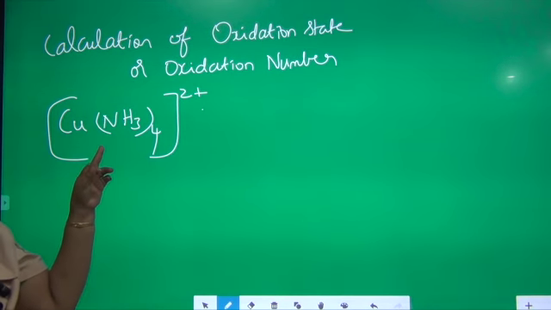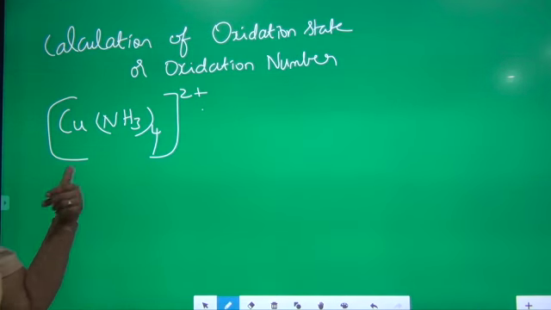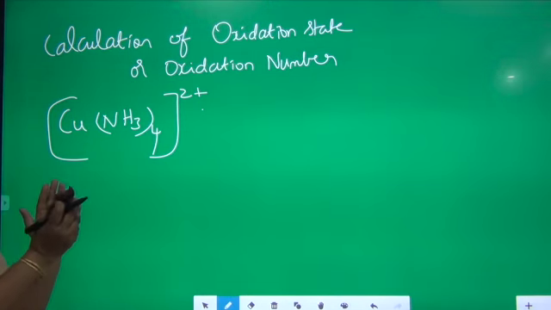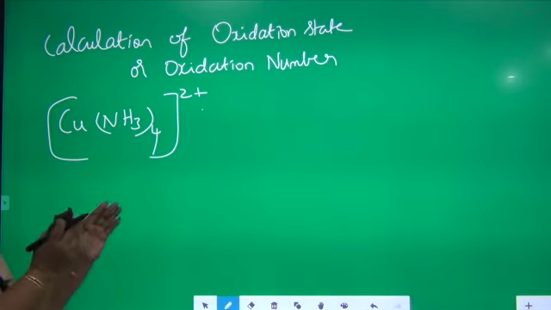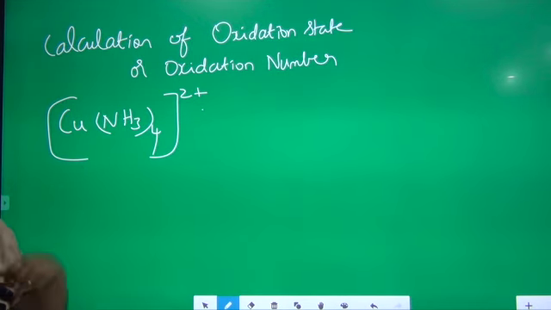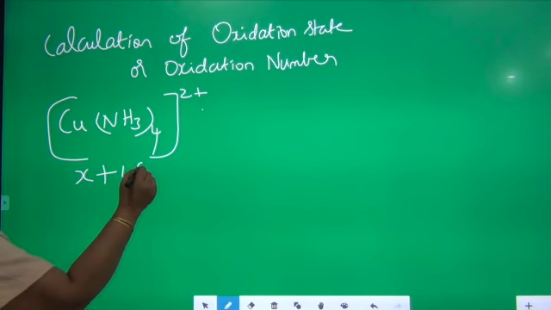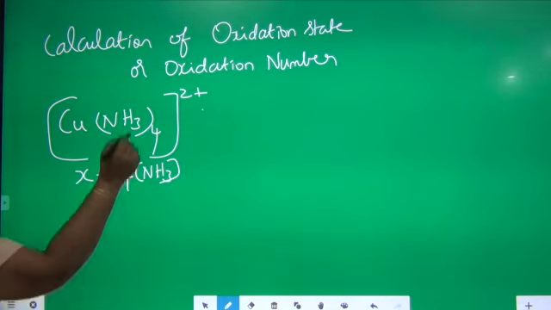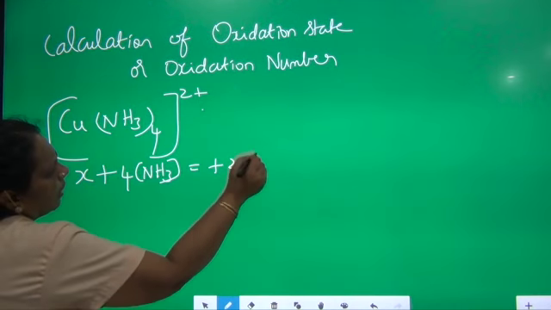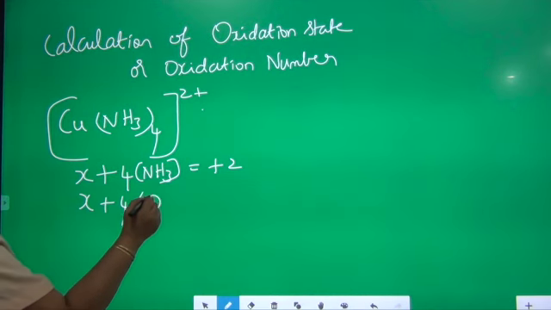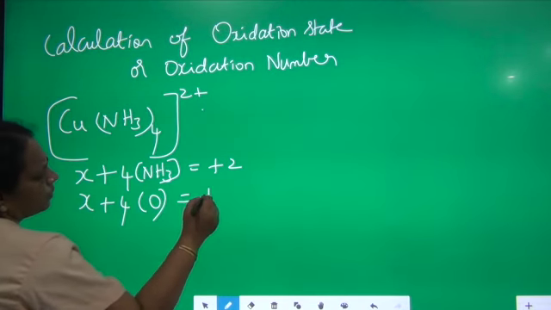There are 4 ammonia molecules. Ammonia is a neutral ligand, so it will have a charge 0. When you sum up the algebraic sum of the charges of the central metal ion and the ligands, that should be equal to the charge of the complex. So we are going to find the charge of the central metal ion now. As copper is unknown, I am taking it as X, plus 4 molecules of ammonia, so 4 into NH3, which is equal to the charge of the complex, that is plus 2.